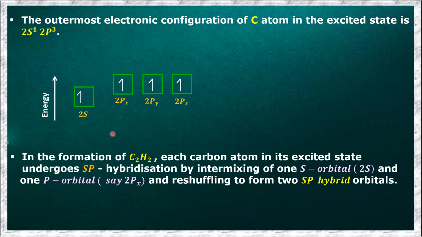So in sp hybridization, one s orbital, that is 2s orbital, and one of the p orbitals, say 2px orbital, intermix, that is combine, and give two equal energy orbitals, that is two sp hybrid orbitals. Each sp hybrid orbital contains one electron.